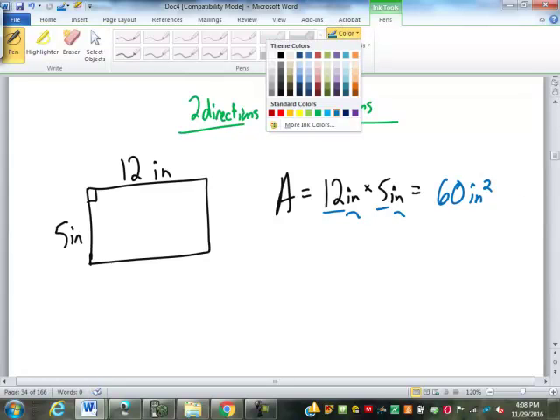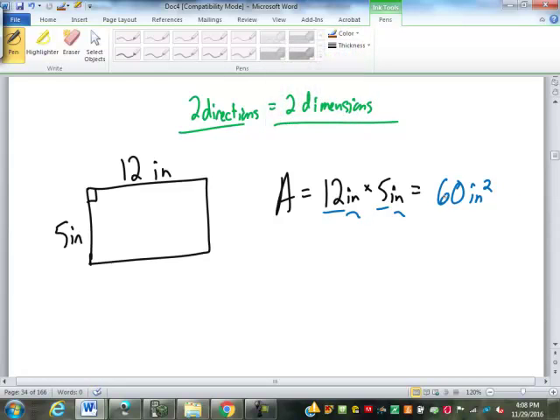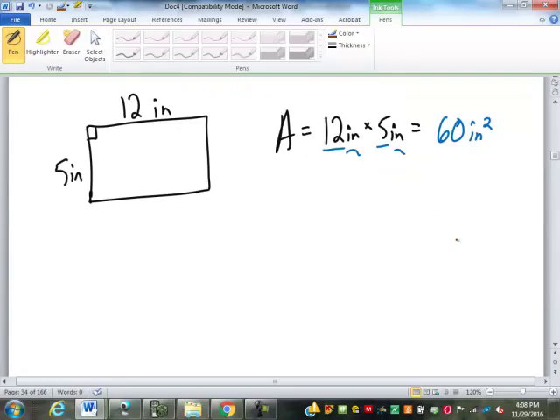Now that squared on the inches does not affect the number, does not affect the 60. All it is doing is telling us that that's not regular inches, that it's square inches, it's a unit of area. In fact, one of the definitions of an area is a bunch of thin rectangles stacked up together, like that. If you think of it like that, we can actually do variations of this.